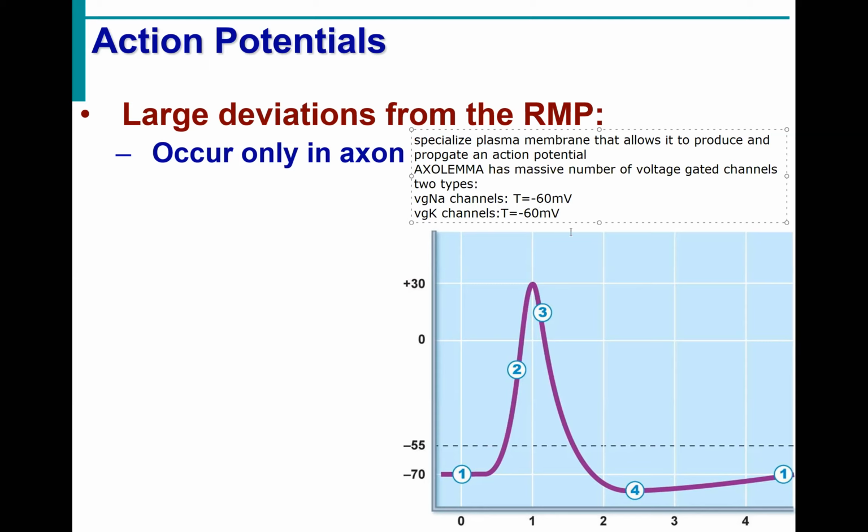But there are two big important differences between our voltage gated sodium and our voltage gated potassium channels. Voltage gated sodium channels open and close quickly, whereas voltage gated potassium channels open and close slowly.